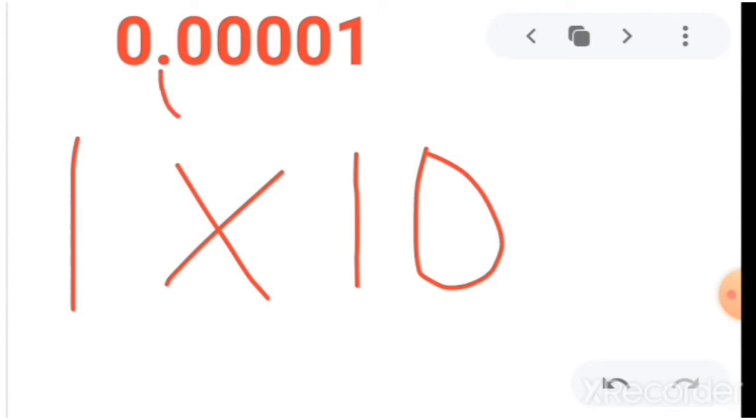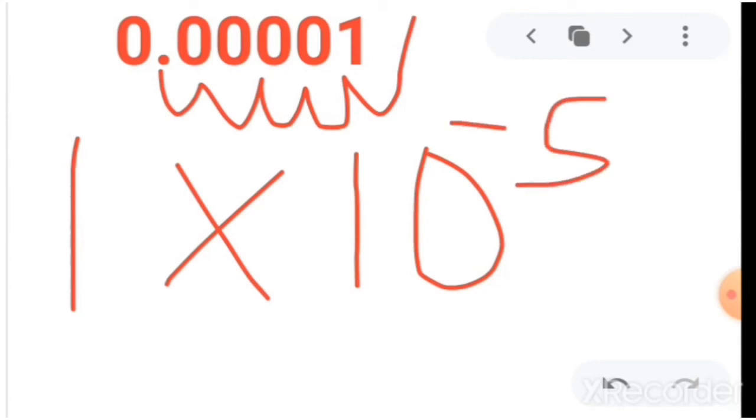So we move it 1, 2, 3, 4 and 5 places. So the power of 10 will be minus 5. Remember, minus is because this number is less than 1. So to write 0.00001 in standard form, it is 1 times 10 raised to the power minus 5.